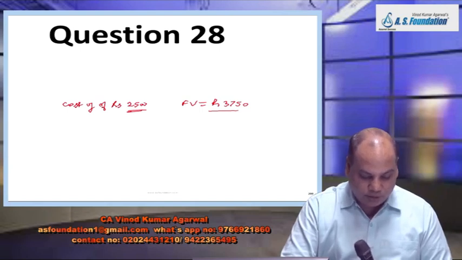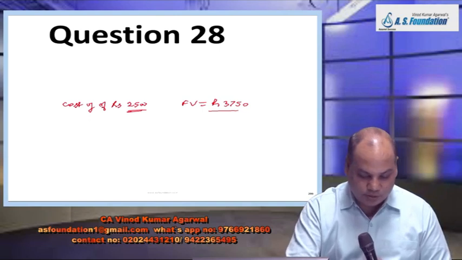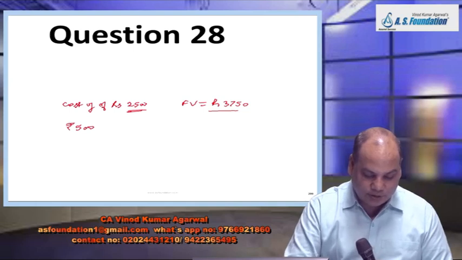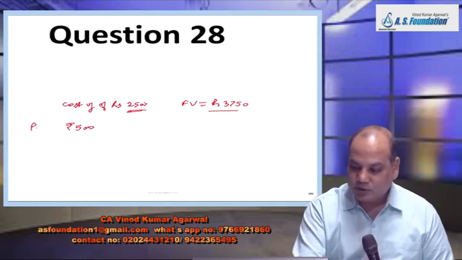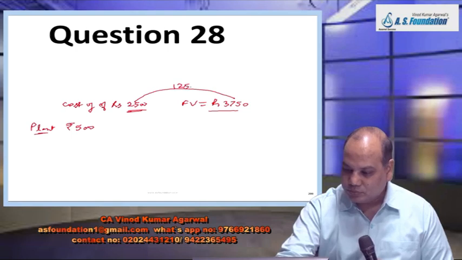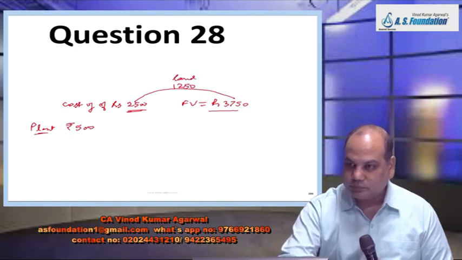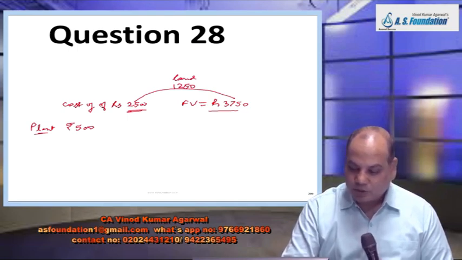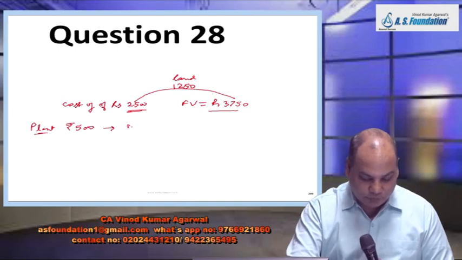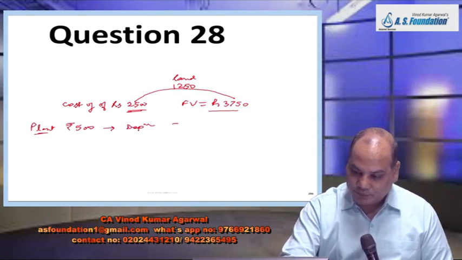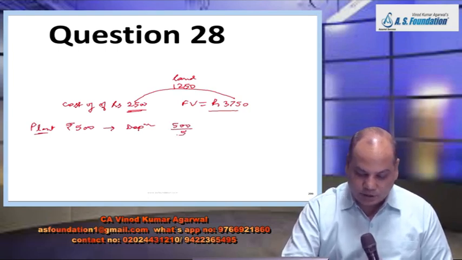S plant was determined to have a fair value of rupees 500 in excess of its carrying amount. So plant we have to increase by 500. And this land we have to increase by how much? 1250. Right? On land there is no depreciation. But on plant we have to provide depreciation also. 500 in excess of its carrying amount and had a remaining life of 5 years. So 500 divided by 5.